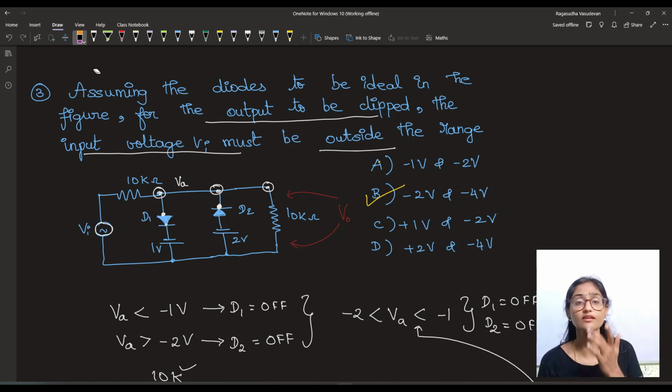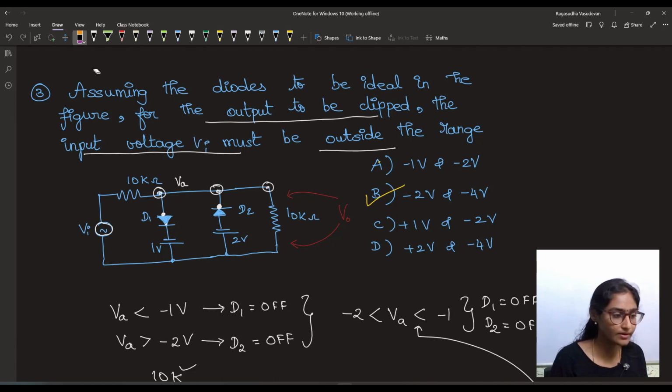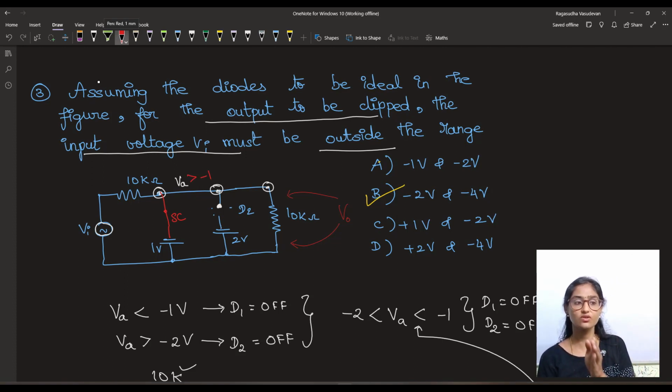Let's say, for example, VA is greater than minus 1 volt. What will happen when VA is greater than minus 1 volt? D1 will be on. So I can replace D1 with a short circuit when VA is greater than minus 1. So it is minus 1, 0, 1, 2, 3, for all these voltages.